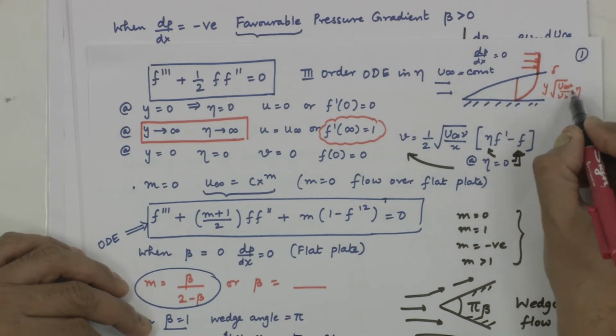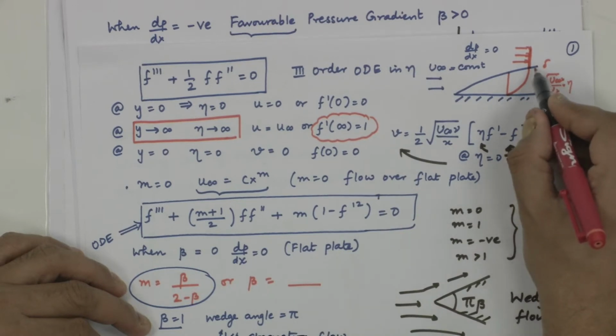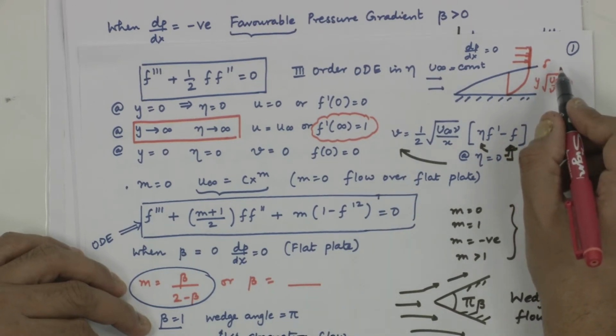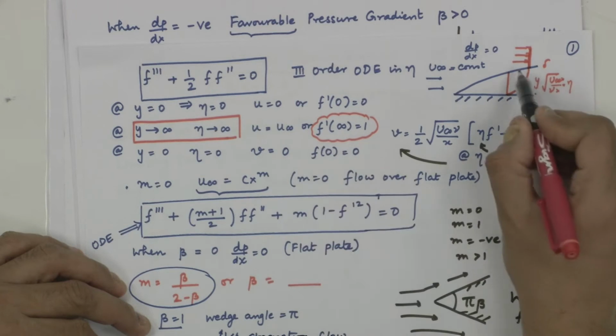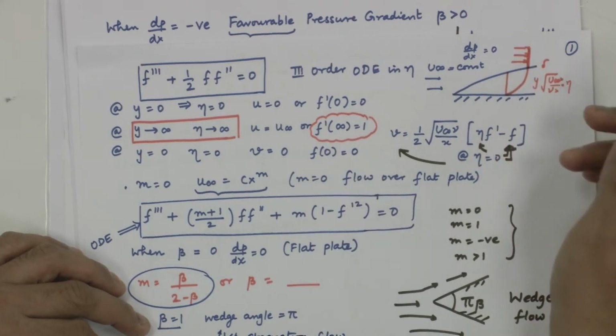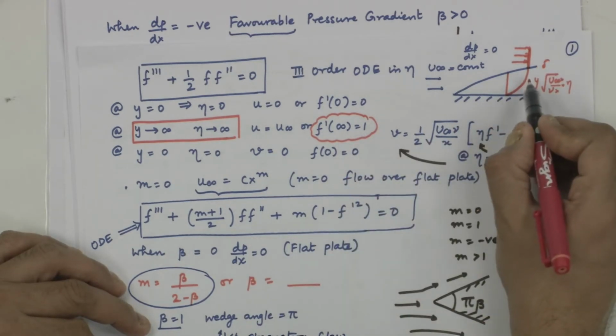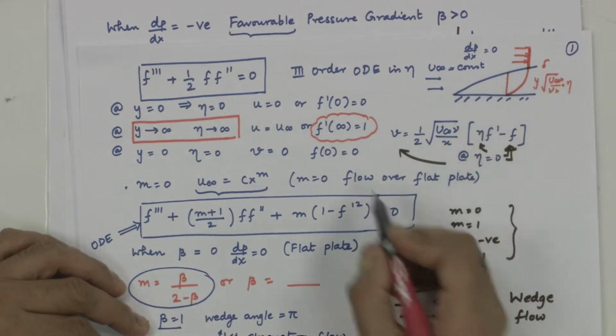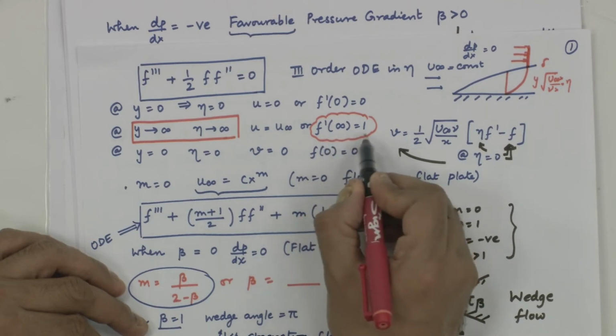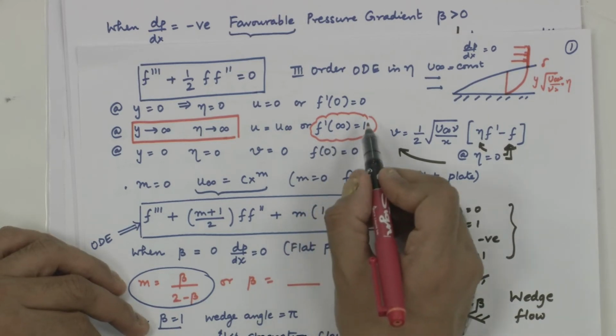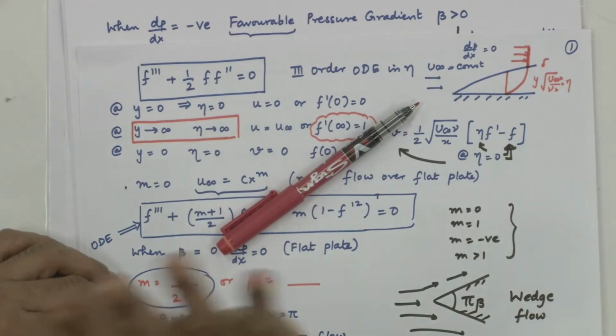So, beyond eta equal to that value, u is equal to u infinity, that means f prime at this value and beyond is 1. So, that value where u infinity is reached for the first time is chosen as that so called infinity. I hope this is clear. Infinity is not some number which is very huge in this case. All it means is you are trying to march along the eta direction.